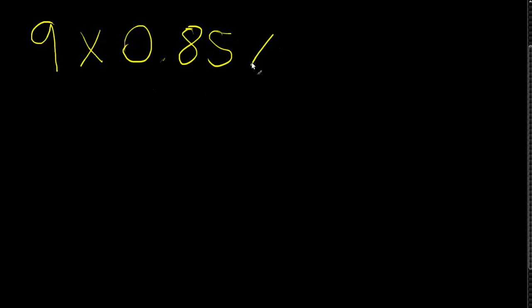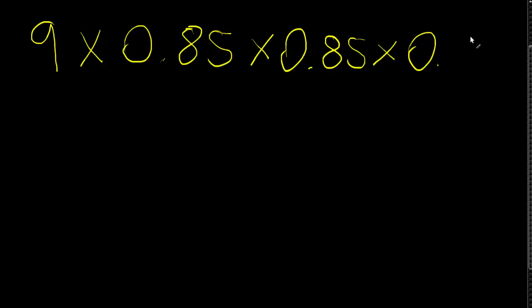To find 2 years, we took our answer and we multiplied it by 0.85 again. And to find the total after 3 years, we multiply it a third time by 0.85.